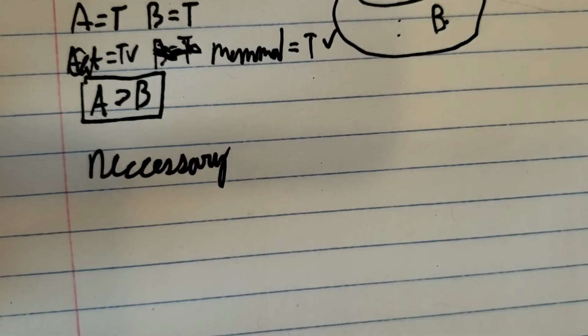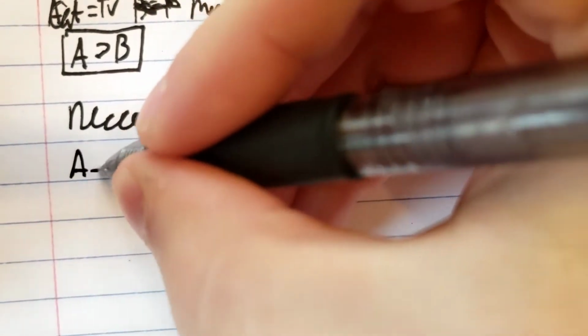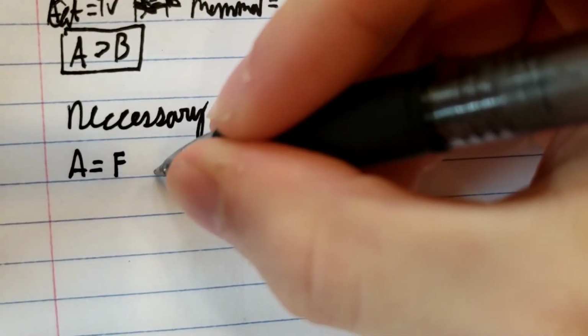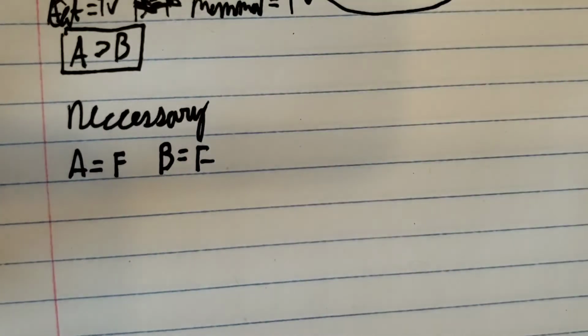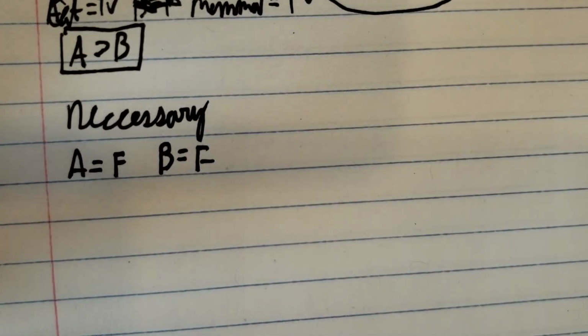Okay, so next we're going to go over necessary. And I really like necessary and sufficient conditions because there's a real unity to them. When A is necessary for B, that means when A is false, B is false. How do we visually represent this?